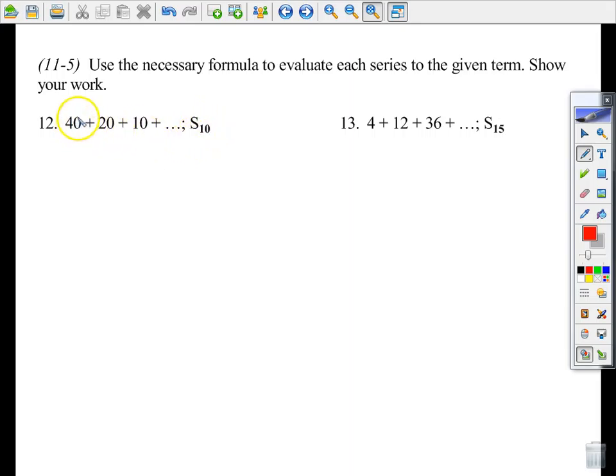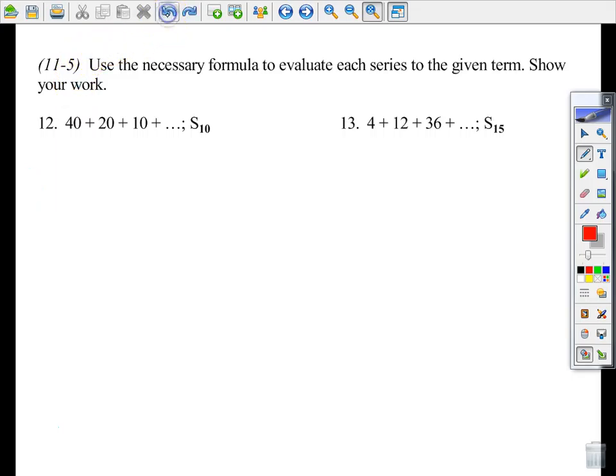And I also notice that going from one term to the next, if you do 20 divided by 40, that's a half. 10 divided by 20, that's a half. So these are geometric series. And they're also finite, as I mentioned earlier. So let me just show you basically.